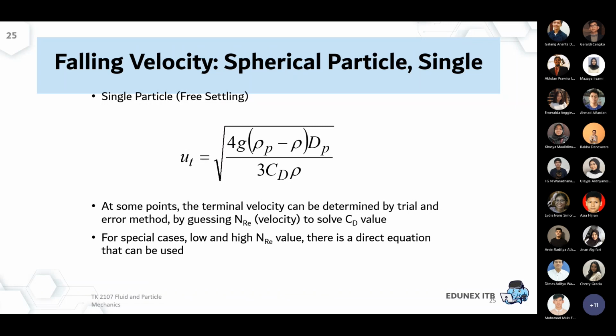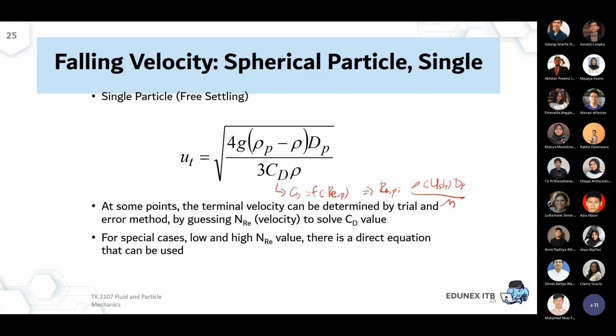So at some point, the terminal velocity can be determined by using a trial and error method, by guessing the Reynolds number to solve for the CD value. What does it mean? We know that CD is a function of Re particle. The problem is when we want to calculate Reynolds particle, it is rho times slip velocity times diameter of the particle divided by mu.